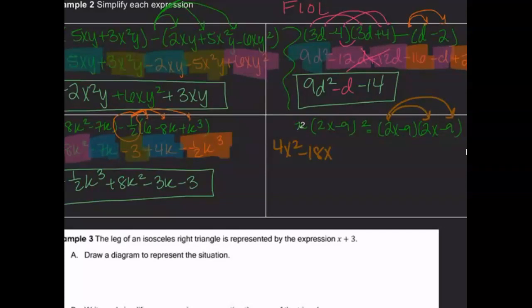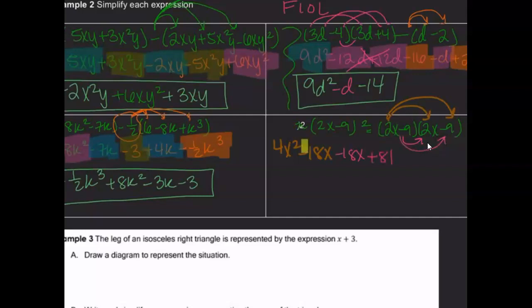Next, I am going to do the same thing, but with this is why it's called double distribute, because you distribute twice. This time I'm going to distribute the negative 9, the second term in the first parentheses, times the first term in the second parentheses, which is going to give me negative 18x, and then the negative 9 times the negative 9, which is positive 81.